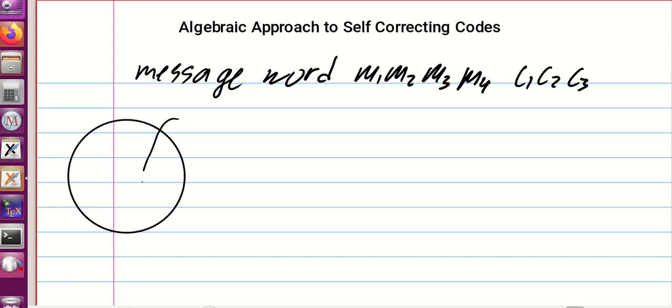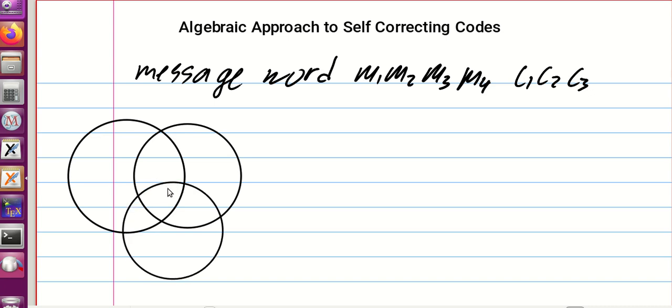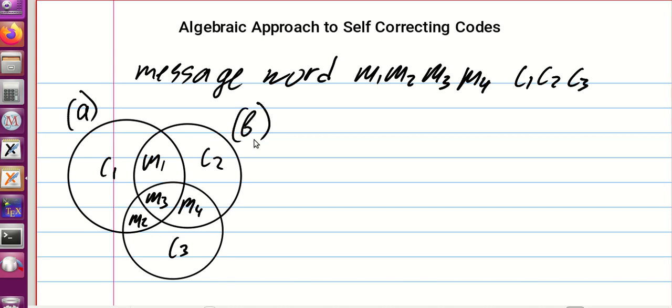And if we create our diagram, which we would like to convert to algebra, we have M1 over here, M2, M3, and M4. We have C1, C2, and C3. Let's call the circle to be A. Let's call the circle to be B. And let's call the circle to be C.